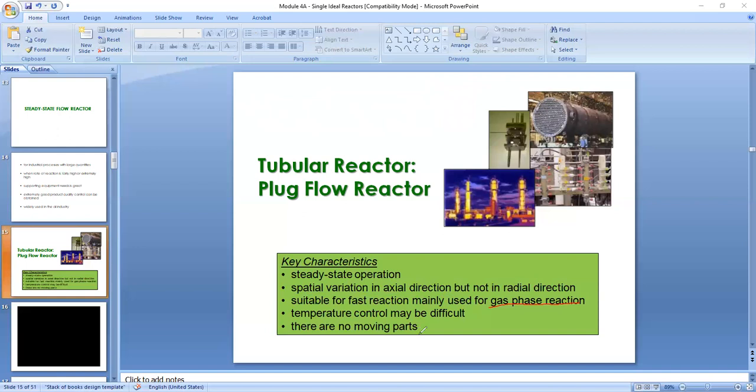Unlike the batch reactor and the CSTR, wherein you have to make sure that at any point inside your reactor the concentration must be the same. In this case, there's none. So in terms of maintenance cost, this one has lower maintenance cost.